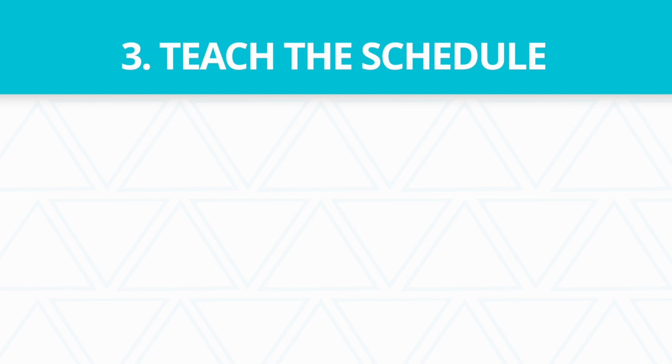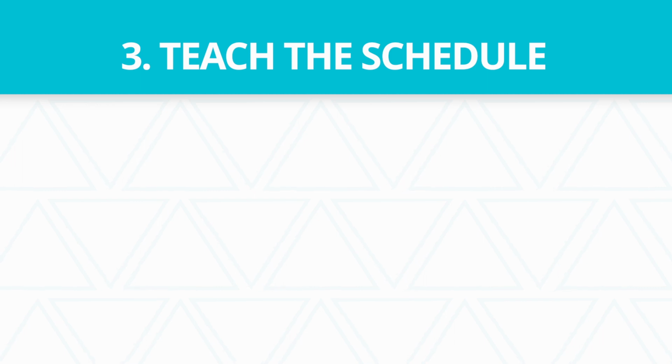The other thing we need to make sure is that our schedules answer 4 questions, and not 4 questions for us, but 4 questions for every child that comes into our classroom. In fact, everybody who comes into your classroom, child or adult, should be able to answer these 4 questions.